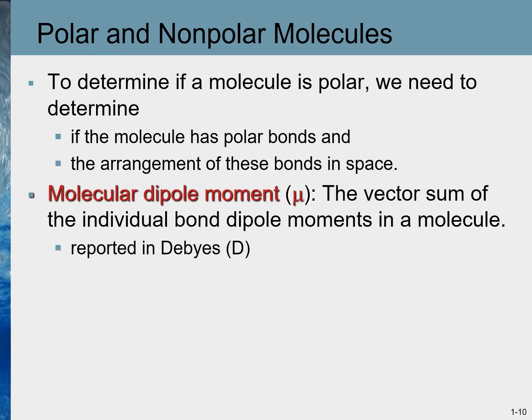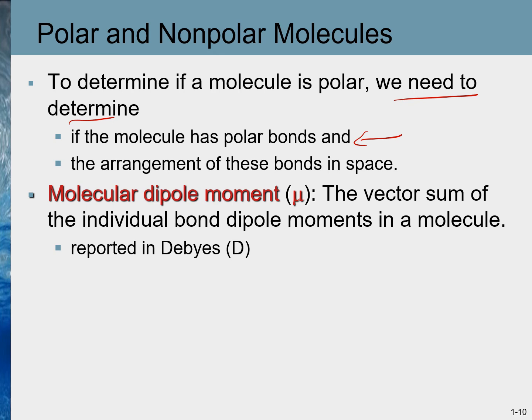Now we can combine our understanding of bond polarity and molecular geometry to predict the polarity of a molecule. To determine if a molecule is polar or not, we need to determine if the molecule has a polar bond. In case the molecule does not have any polar bonds, the molecule will be nonpolar.